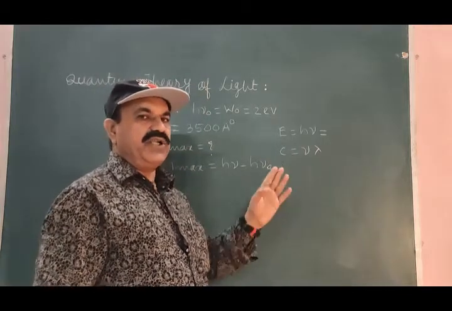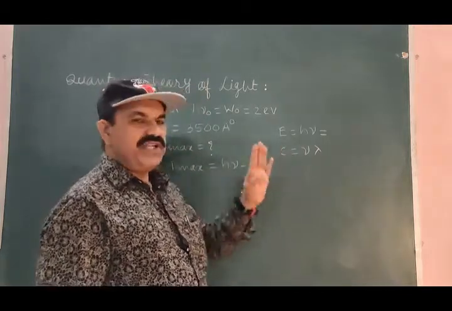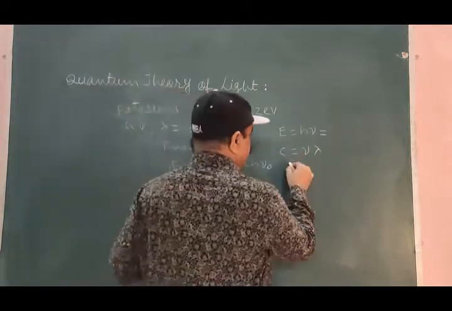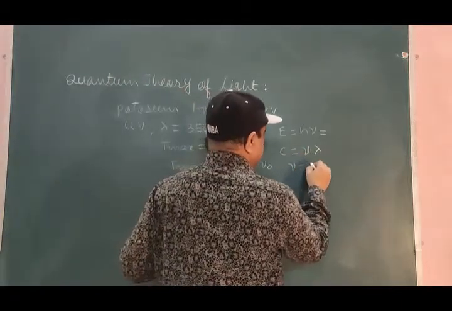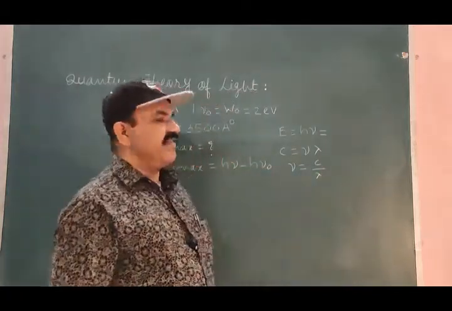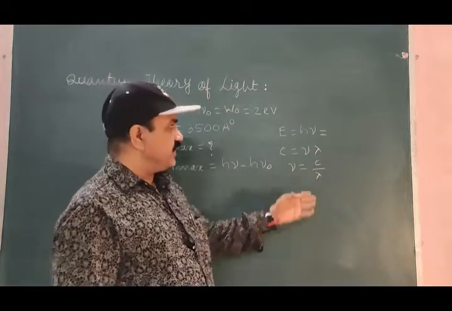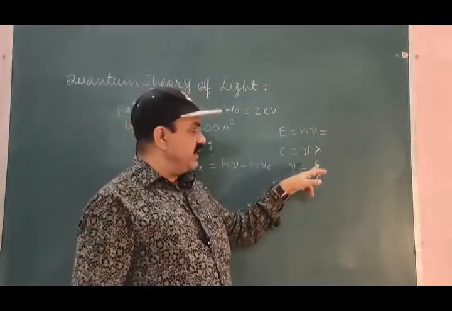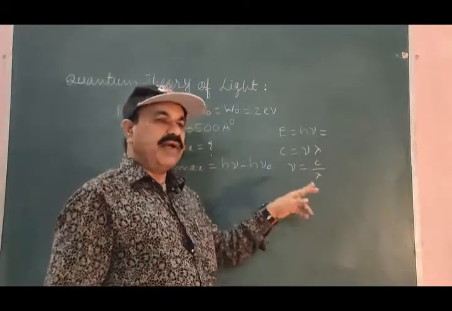C, velocity of electromagnetic radiations, nu its frequency, lambda its wavelength. And from this we can write nu is equal to C divided by lambda. So, in this formula, in the place of nu, let us substitute C by lambda.